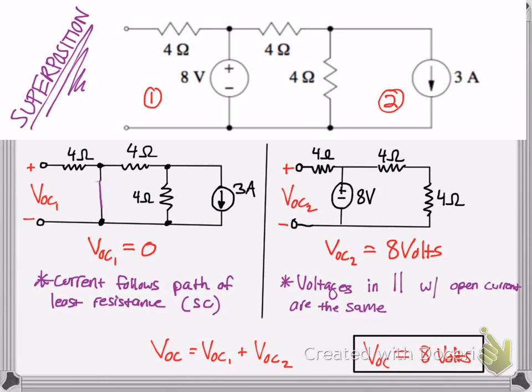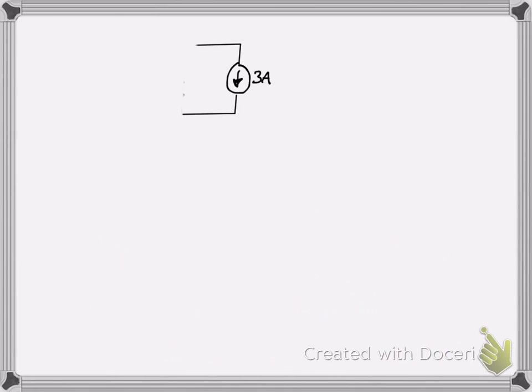Now what about current? When you're looking for current, you short circuit each part of that open voltage there. We're going to literally take these two problems and draw a line down to connect the circuit and short circuit the system. Here's the one on the left where we remove the battery, and that purple represents where we put a perfectly conducting wire.